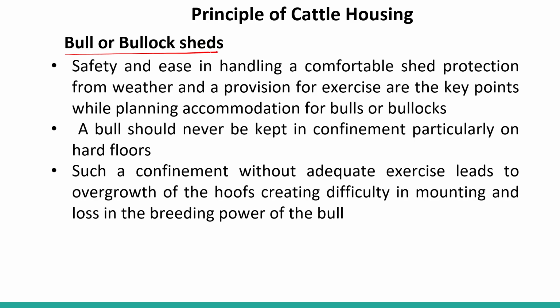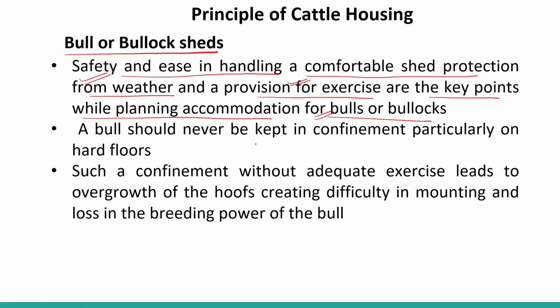Bull or bullock shed. Safety and ease in handling, a comfortable shed with protection from the weather, and a provision for exercise are the key points while planning accommodation for the bulls and bullocks. So there should be proper separate bull and bullock sheds so that they can do their exercise, and they can be safe for the other females and the young calves.